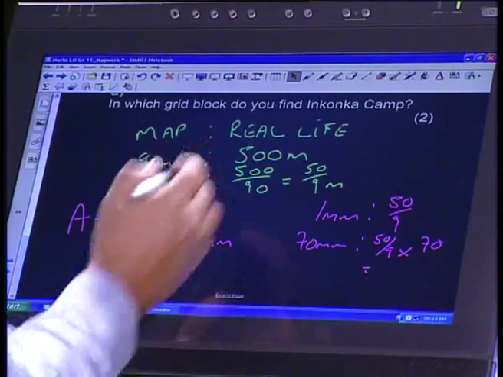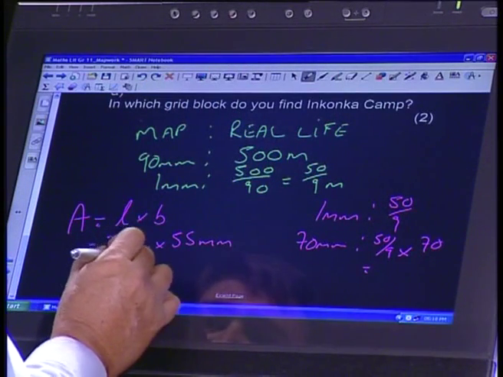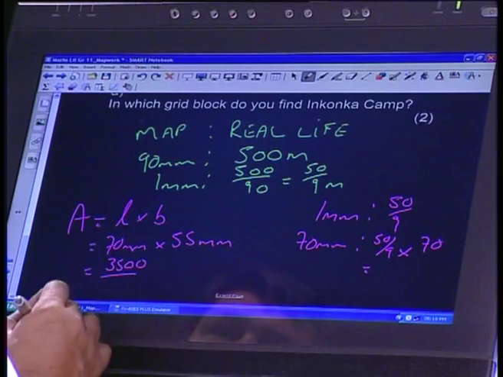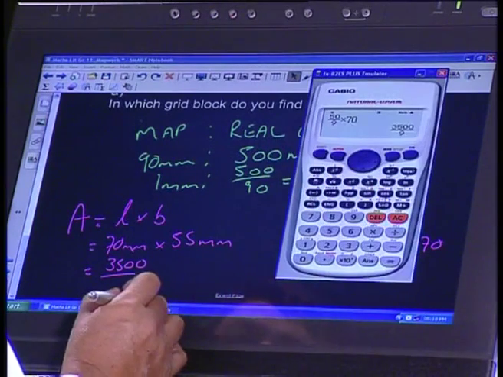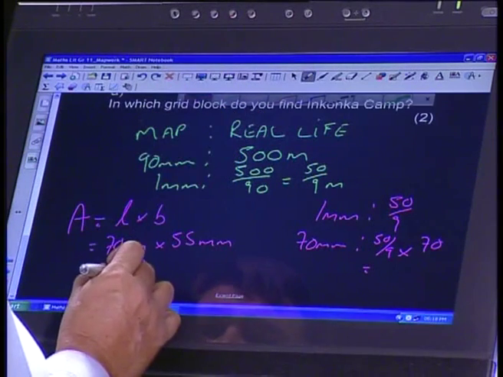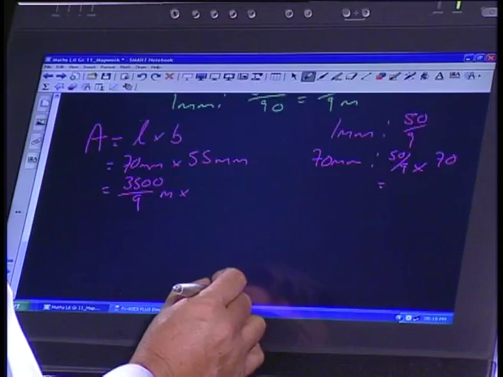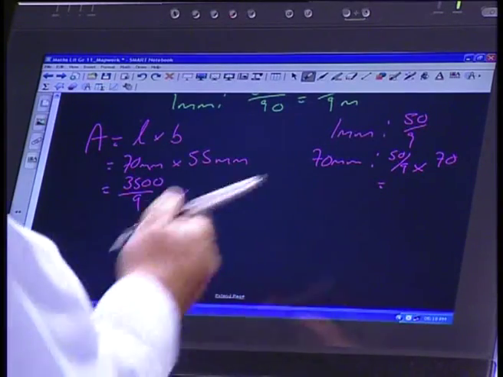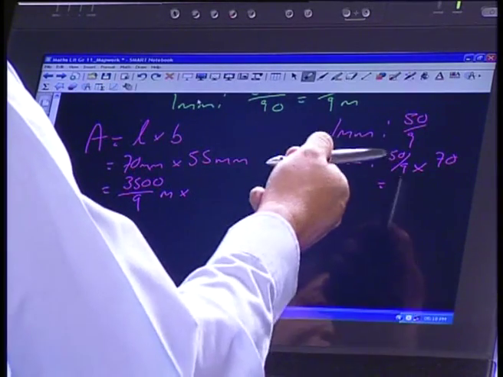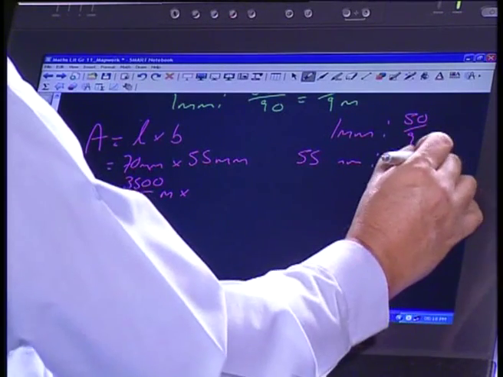So 3,500/9 meters. Instead of 70 now, we are going to say, what does 55 millimeters represent?